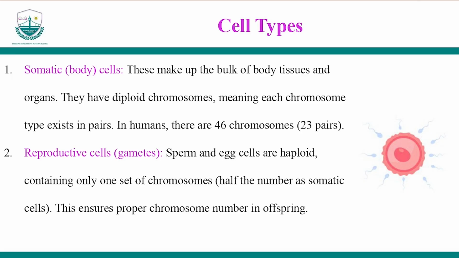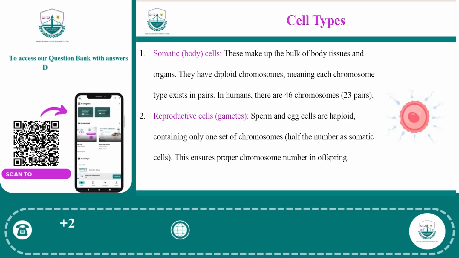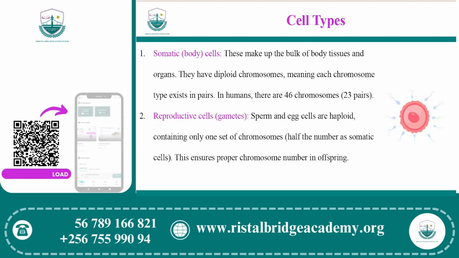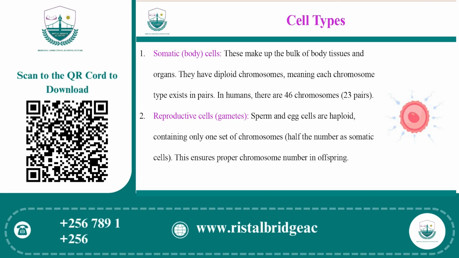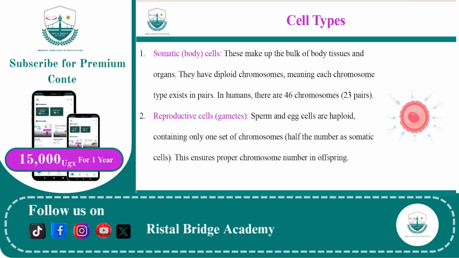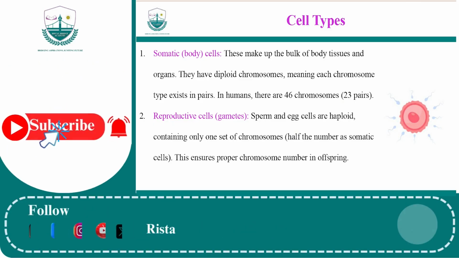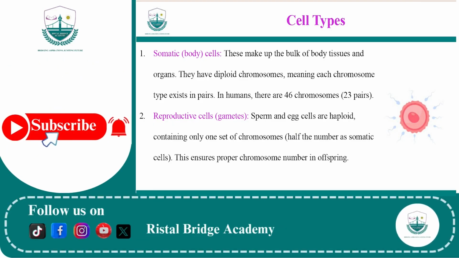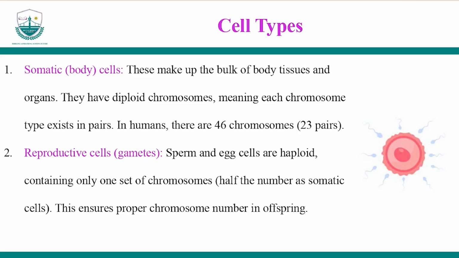Now, we have other cells. These cells are the ones that allow us to produce young ones, and we call them gametes, or we can basically call them reproductive cells. The process through which these cells are made is what we call meiosis. And for example, I also said meiosis results into variation.